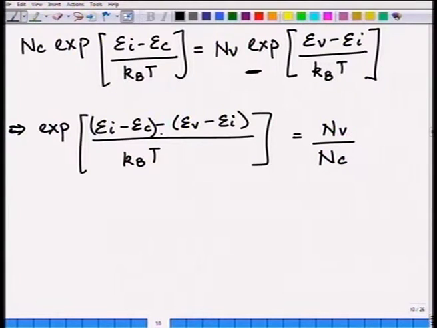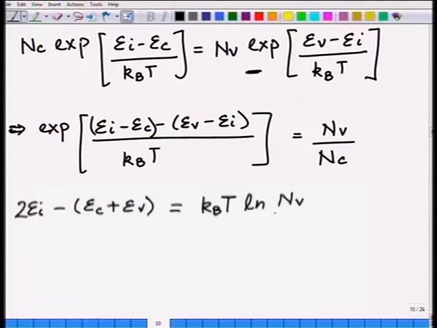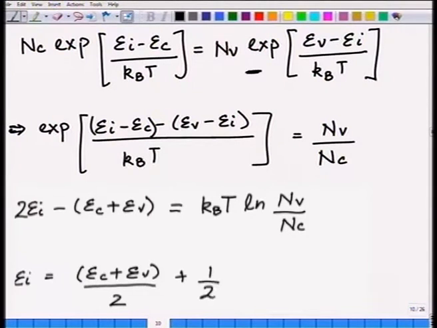Of course, this is simplified here. So, I am going to get 2 times EI minus EC plus EV is equal to log of NV by NC, which means EI is equal to EC plus EV by 2 plus half log NV by NC.